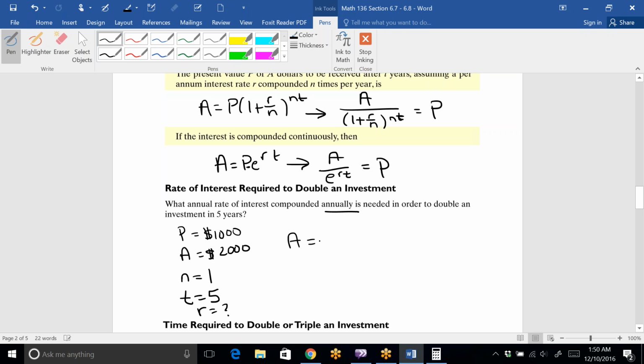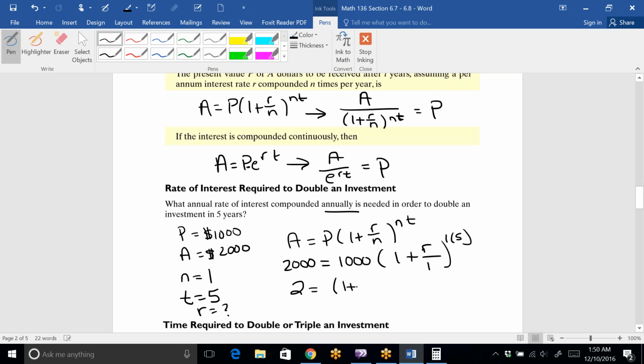So if we plug into our formula, this is 2,000 equals 1,000 times (1 plus r over 1) to the 1 times 5. Okay, so I would divide the 1,000 over first. Notice that just makes this 2. This is (1 plus r) to the 5th. We want to solve for r, so we need to get rid of that 5 as an exponent.